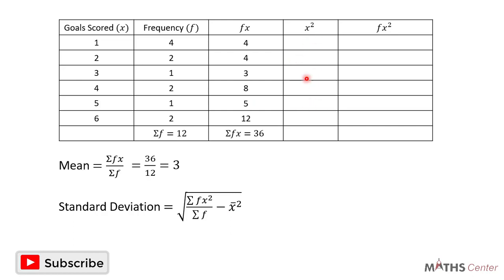The next in the table is x squared. So we will take the x values and then we will square them. 1 squared is 1, 2 squared is 4, 3 squared is 9, 4 squared is 16, 5 squared is 25, and 6 squared is 36. We can now find fx squared, which is the last column. So you multiply the values in the x squared column by the f values.